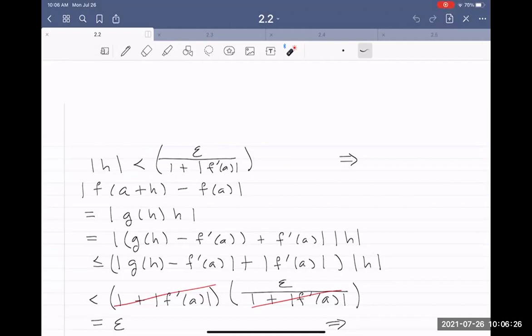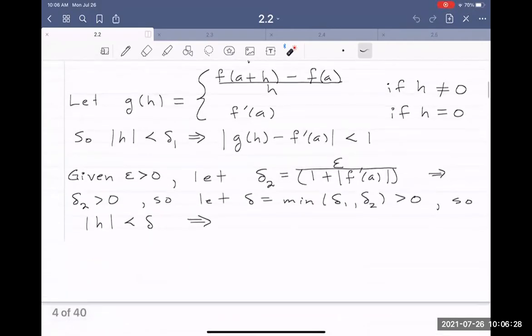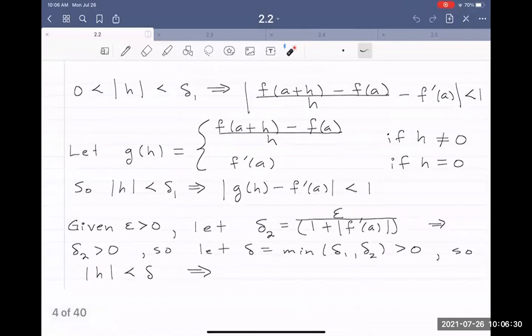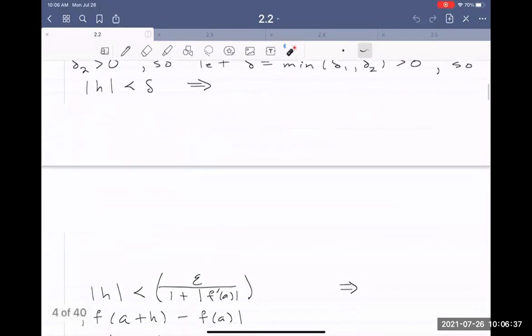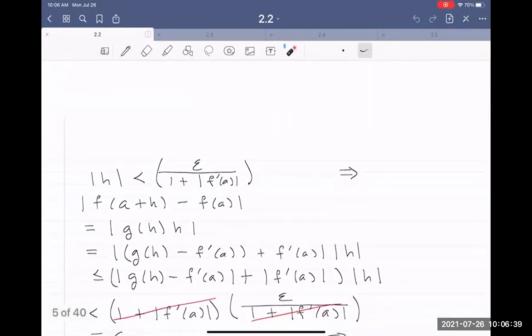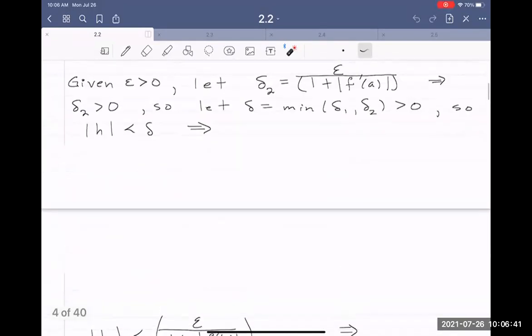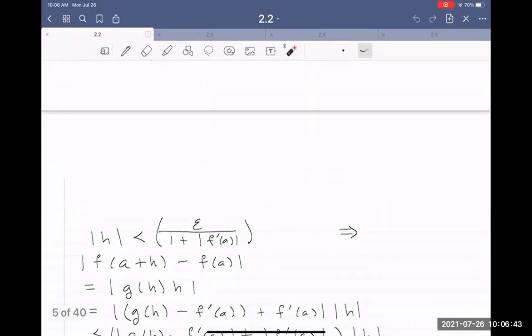If h is not 0, then multiplying this by h, this cancels, and so this is just equal to h times g.